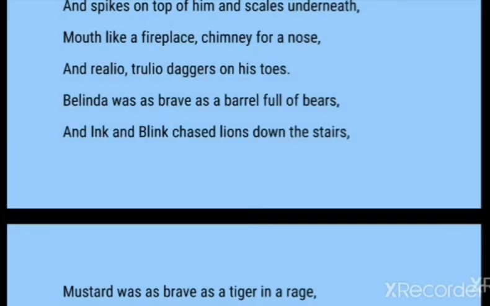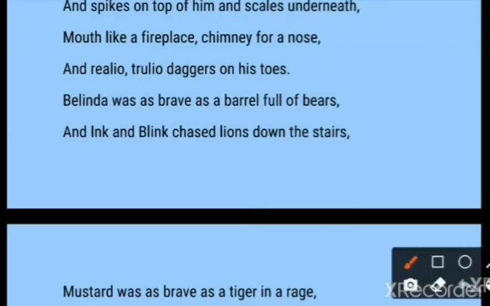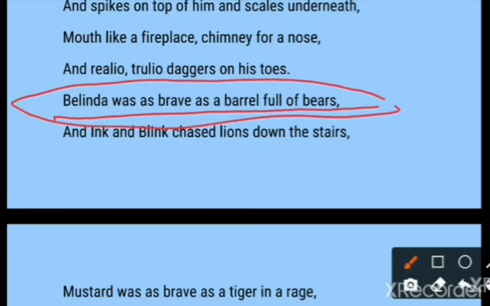And again in this stanza, in this very line, we find two or three devices used particularly. One, alliteration; second, hyperbole; and third, simile.